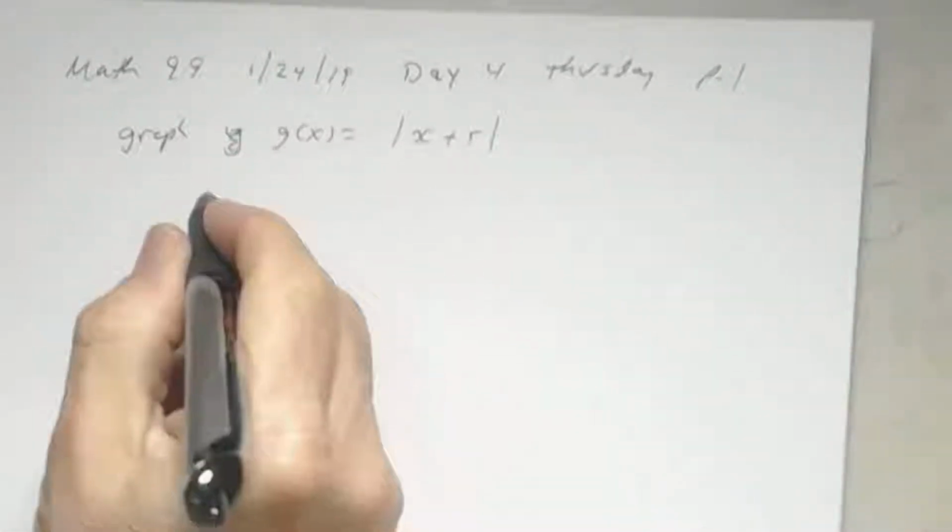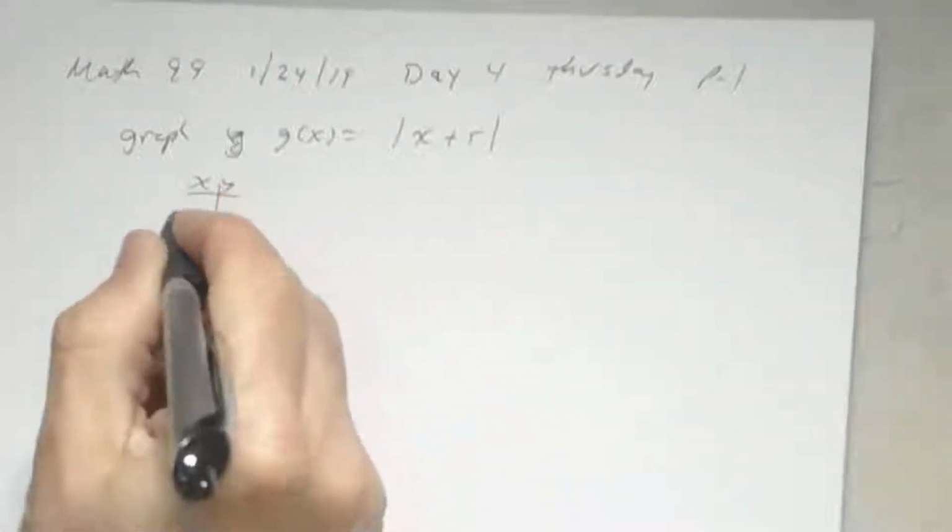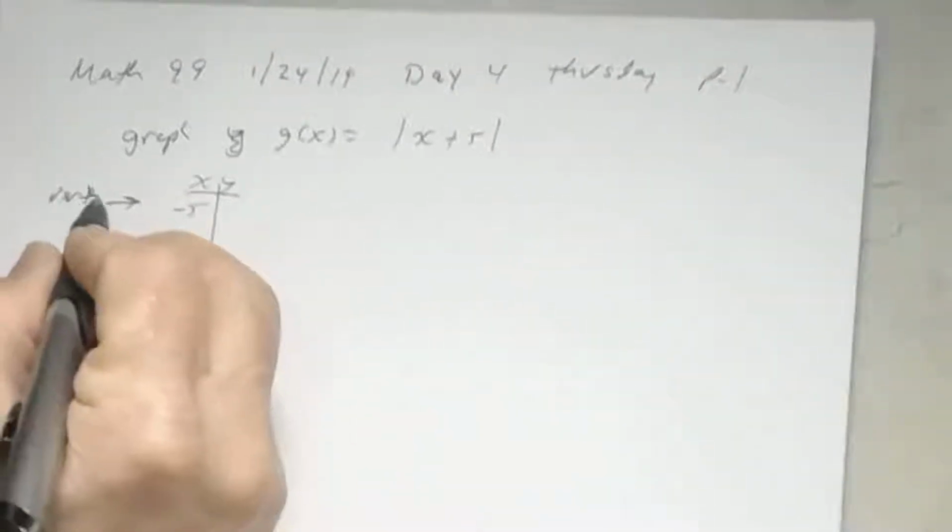So where's the vertex going to be when x is what? -5. When x is -5, if it's horizontal, you take the opposite of what you see there. So instead of +5, it should be -5 where the vertex will be. So in the t-table, you'll have x = -5, and in your mind you'll say that's going to give me my vertex.